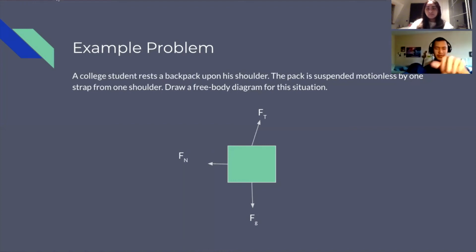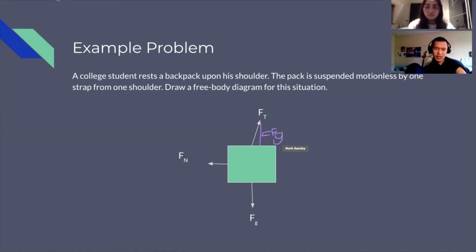Okay, and then you've got gravity pointing downwards. You don't have to draw this perfectly, but this angle here is important because it determines how much magnitude the tension force is, because whatever it is, this vertical component here has to be equal to Fg, or it has to have the same magnitude as Fg.